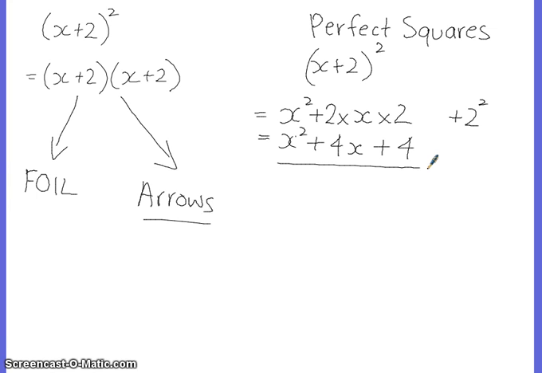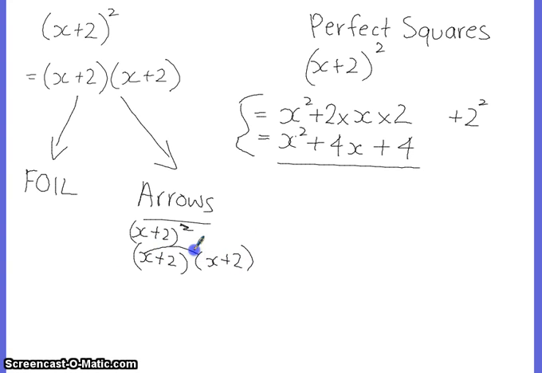What I'm suggesting to you is if you use the perfect squares, it's a lot shorter. You've got that many calculations. Let's do the same calculations using our arrows. X plus 2 all squared would look like this, wouldn't it? X plus 2, x plus 2. Everyone happy with that? Okay.